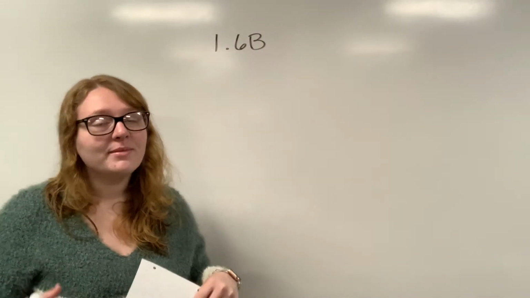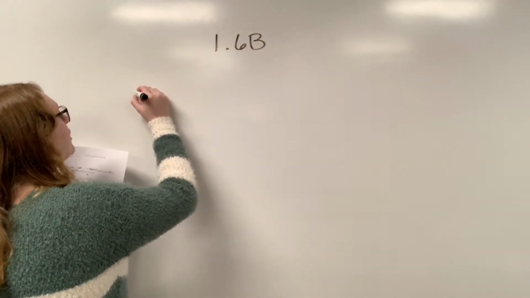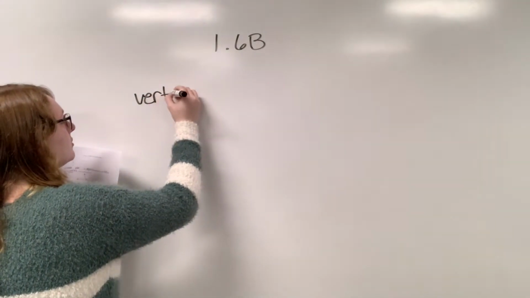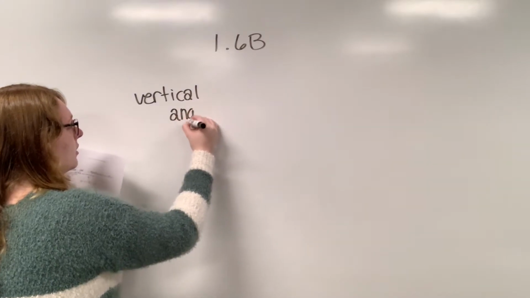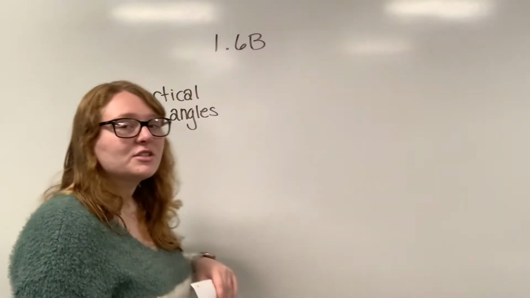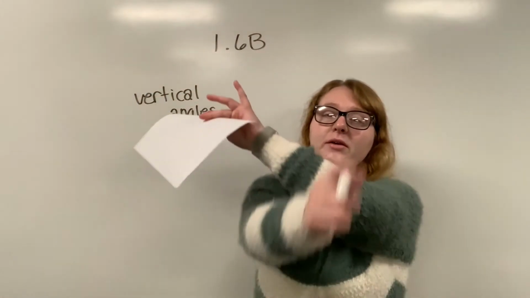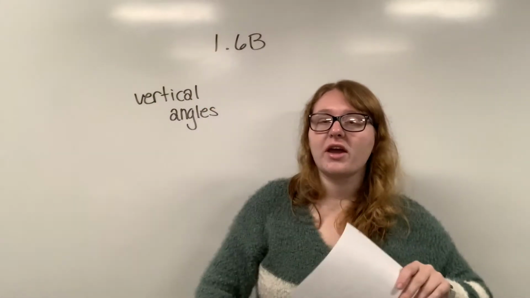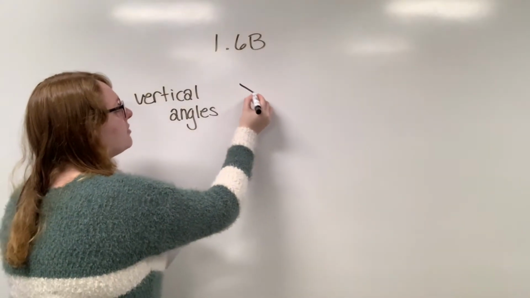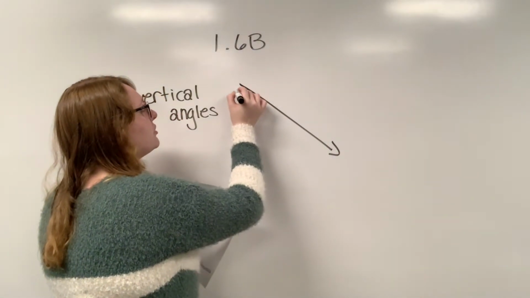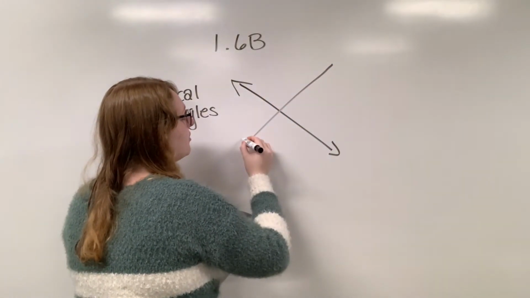The next new term that we have is called vertical angles. And we use this a lot, so we're gonna have a funny little motion to go with it. We're just gonna cross our arms like this, okay? So vertical angles. All right, so vertical angles happen when we have two lines that intersect, okay?